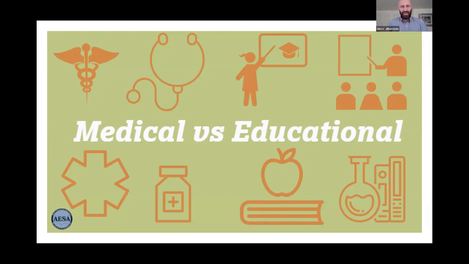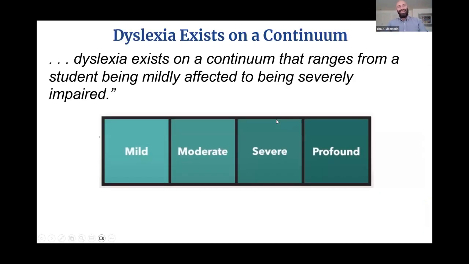And so for us as educators, we have to think about how we're going to respond to this tier 1 universal screening legislation that's passed. And again, dyslexia exists on a continuum that ranges from mildly affected to severely impaired. So some students can have a very typical dyslexic profile, right? Overall average cognitive abilities, a domain-specific cognitive weakness in their sound-based process, but it maybe doesn't impact their reading that much. And on the flip side too, they can have mild phonologic deficits or orthographic deficits, and it's really impactful in their reading.